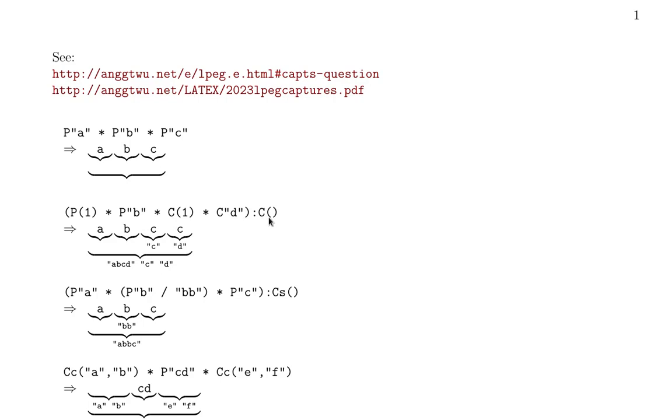And this other thing here that transforms this pattern into another pattern returns first a capture with all the string that was parsed by this pattern here, and then all the captures returned by this thing here before the colon.